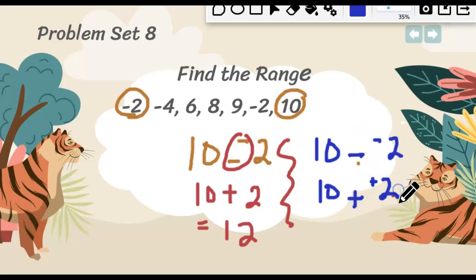It's still going to be the same. 10 plus 2 gives you 12. So either way you want to do it, it's okay. Negative and negative is positive, or if you want to add the opposite, it's also okay. All right. So that's how we find the range of the given set of data.